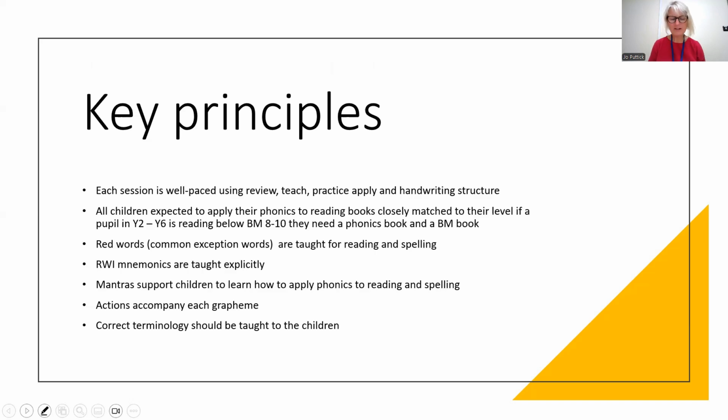We also use some mantras to support children to learn to apply their phonics to reading and spelling. We have actions that accompany each grapheme or each letter combination. And we also try to teach the children the correct terminology about phonics. So we do use the words phoneme and grapheme as children move through the phonics stages.